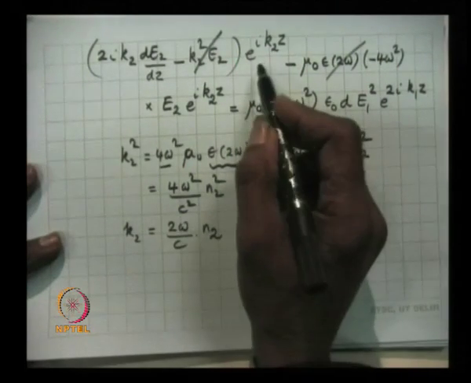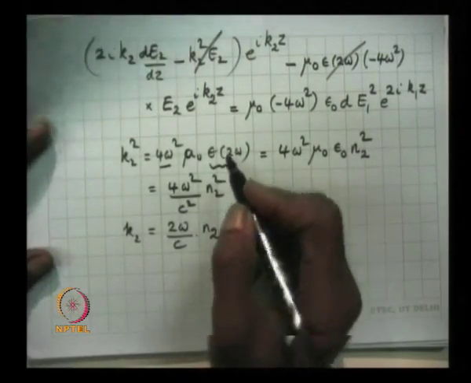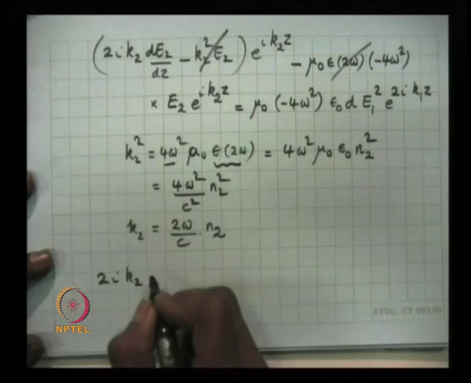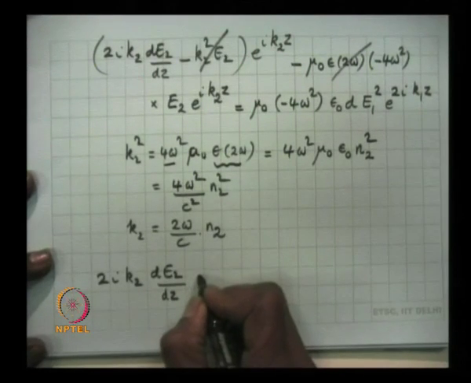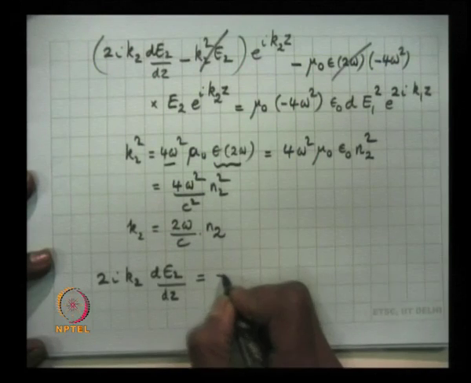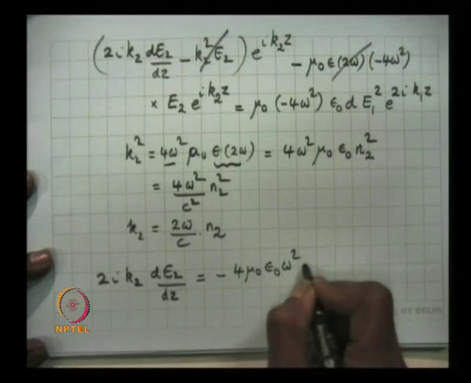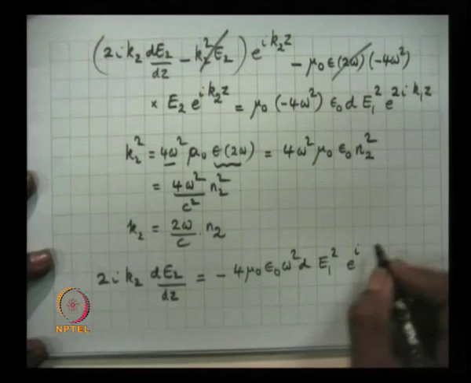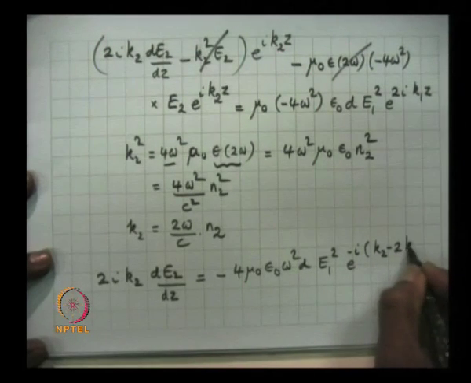Now, also let me take this e to the power i k 2 z on the right hand side and simplify this equation. So, I get 2 i k 2 dE 2 by dz is equal to minus 4 mu naught epsilon naught omega square d E 1 square exponential i k 2 minus 2 k 1 z.